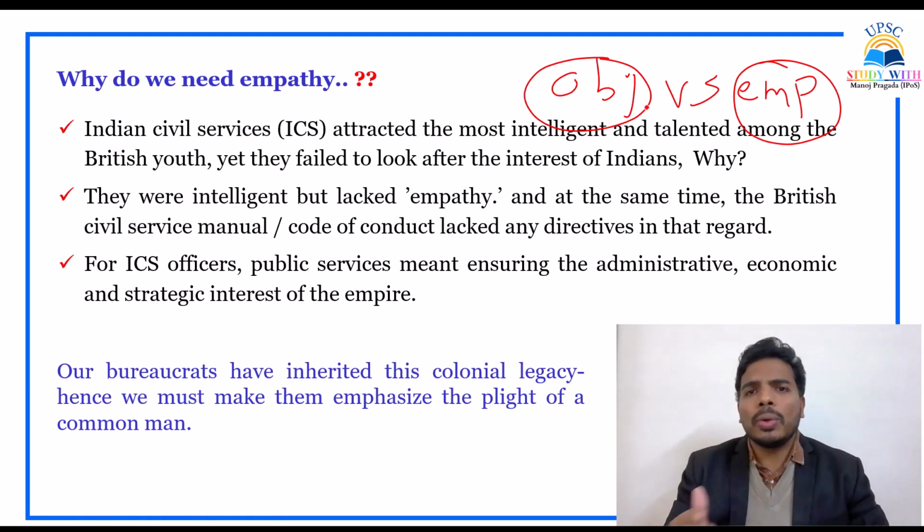There was no criterion for empathy at that point of time because they were treating India as a colonial country. They had that colonial mindset. The British administrators, the ICS officers, had a motive. What was their motive? To protect British interest. What interest? Economic, administrative, strategic interest of the British Empire.